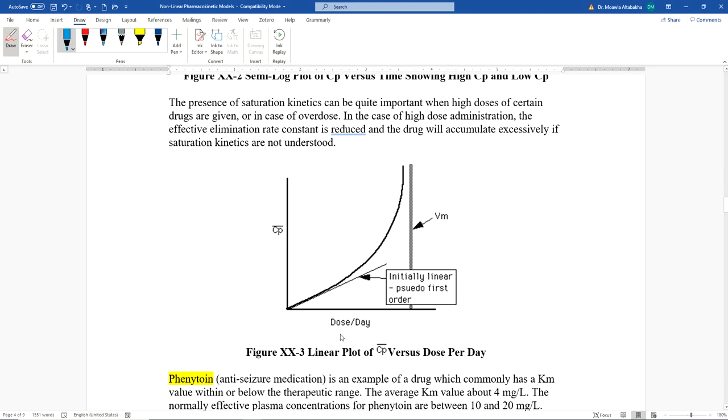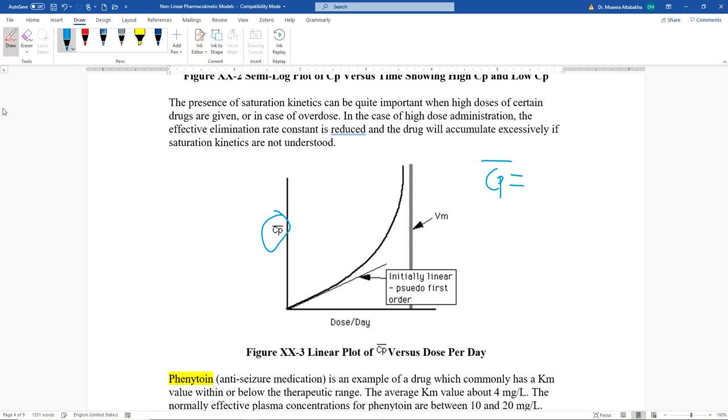So what she did, she started giving different doses. For example, the first month she started with 100 milligram per day, and then she looked at the average concentration.